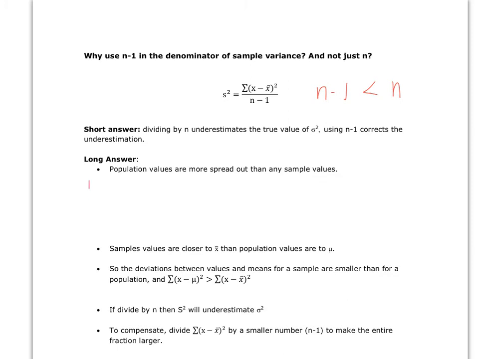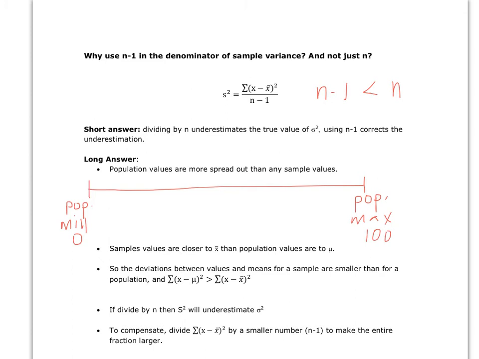So if we think of, say, our population values, maybe they go from a minimum value, I'm going to just call that population min, let's say it's 0, up to whatever the possible maximum value is, and let's just say it's 100. Okay, this is all the possible values that we could sample from.